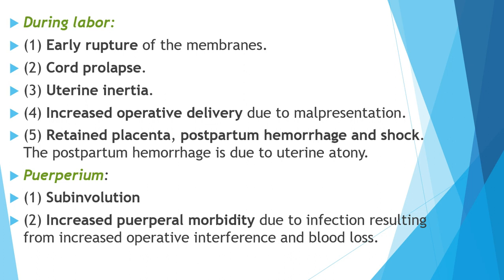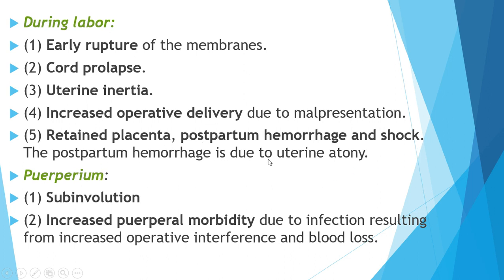Through that space, after the rupture of membrane, when the gush of fluid comes out, the cord may prolapse. Then uterine inertia, meaning the uterus will be lax, so there will not be proper uterine contraction. Then increased operative delivery due to malpresentation. Then retained placenta, postpartum hemorrhage and shock may occur.